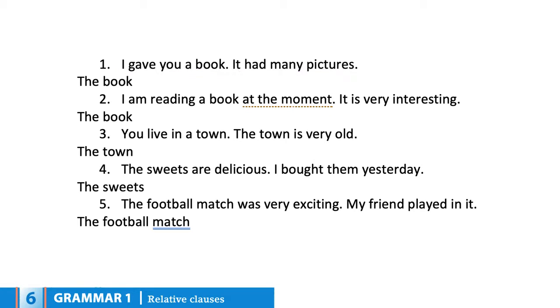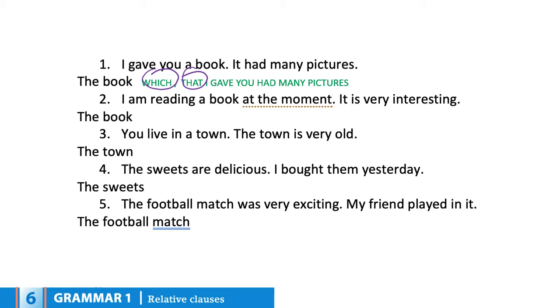The book, what book are you talking about? The book that I gave you had many pictures. Okay, so you can use one of these two, which or that. Which for things, and that, it doesn't matter if it's a person or a thing.